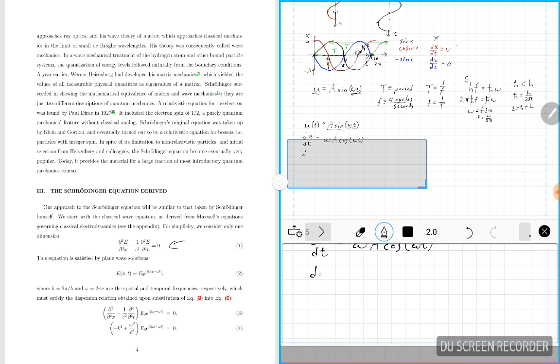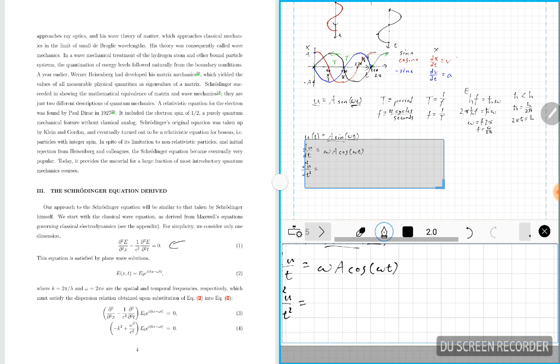Now I want to take the derivative of that, so I'm going to take my second derivative. This is my acceleration. That's going to be derivative of the inside, so I get another omega times this omega, omega squared, times a times negative sine omega t.